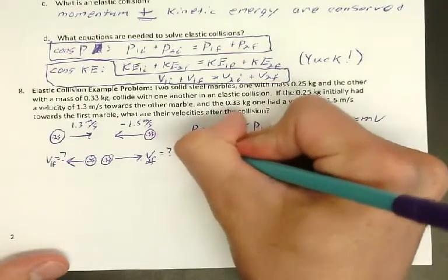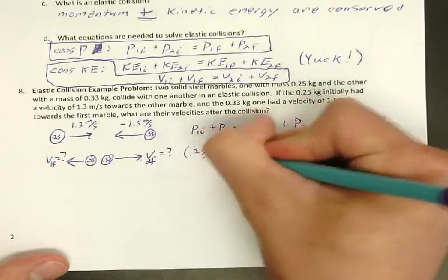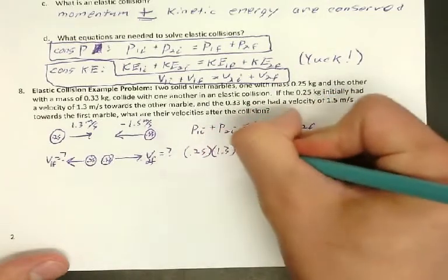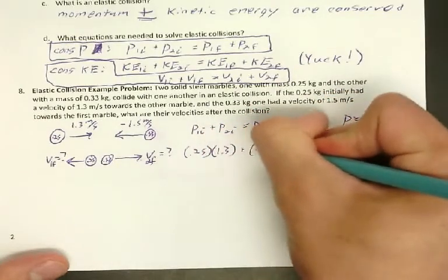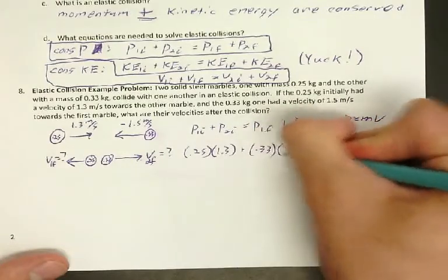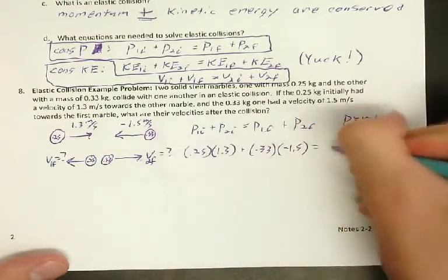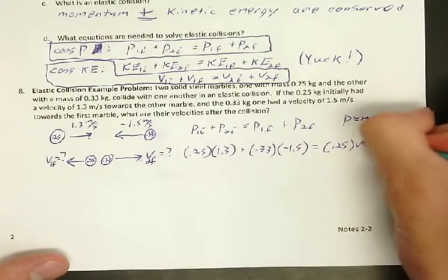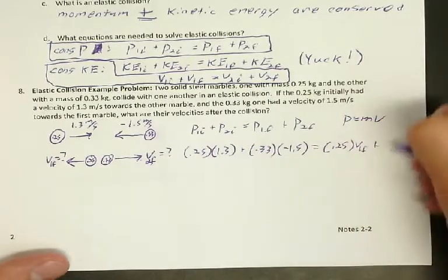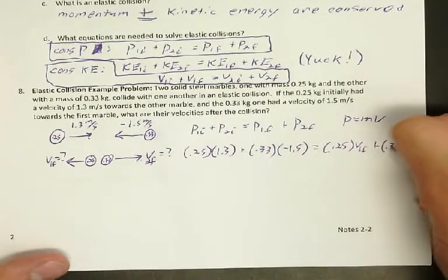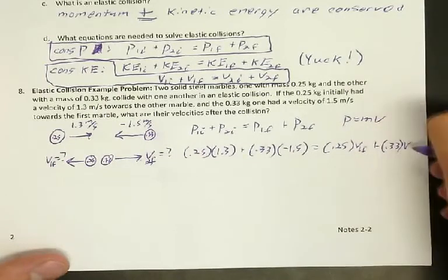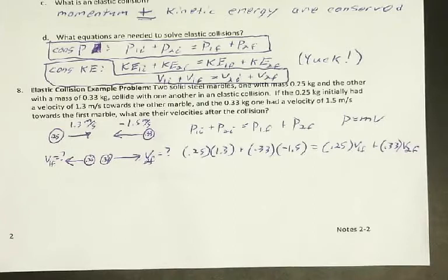So, 0.25 times 1.3 plus 0.33 times negative 1.5 equals 0.25 v1 final, we don't know what it is, plus 0.33 v2 final, we don't know what it is.